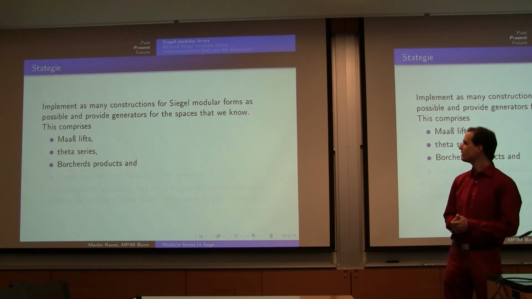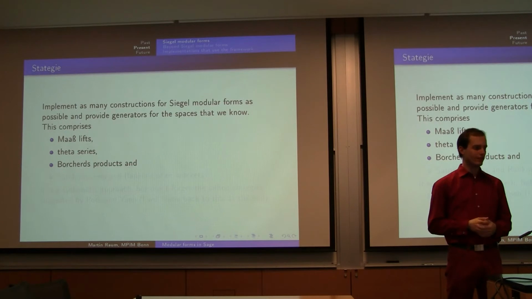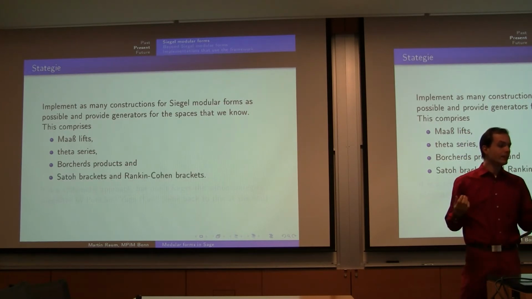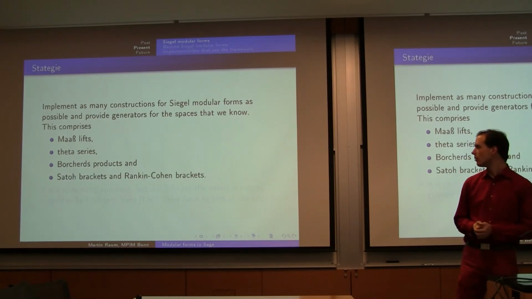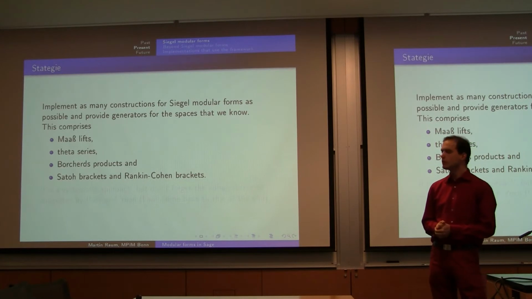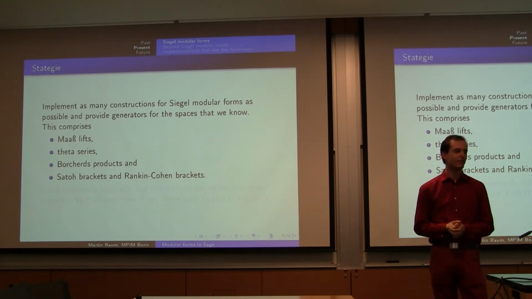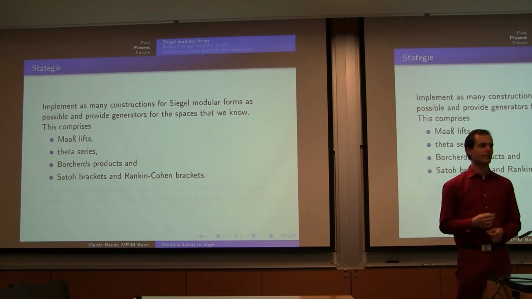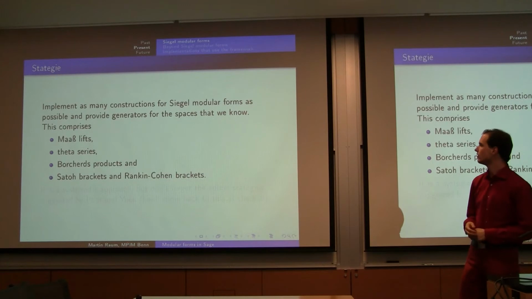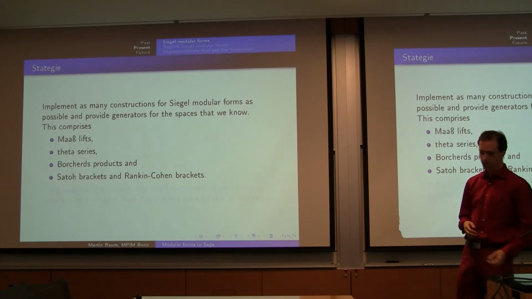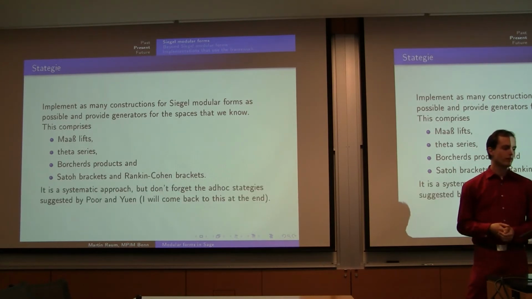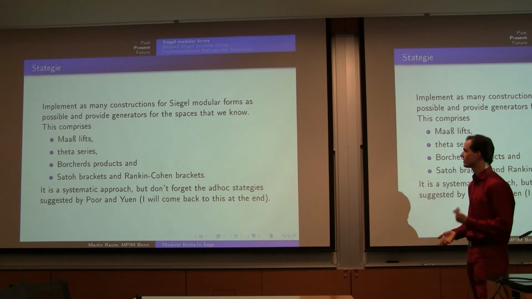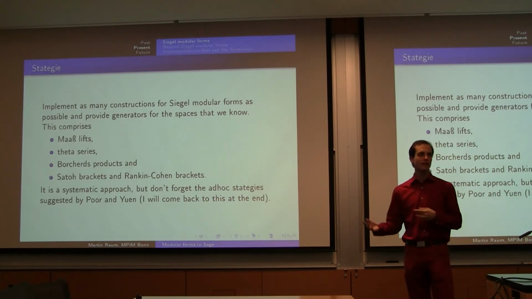For vector-valued modular forms, very important are Sartor brackets, which are just a special case of Rankin-Cohen brackets. We call them Sartor brackets because we can span vector-valued weights with those brackets, and that's very, very useful.